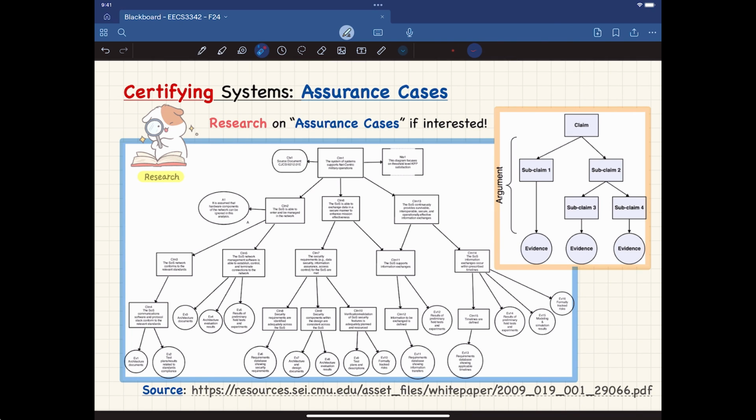I want to give you some very simple example. This diagram over here, which looks like a tree. Usually assurance case is like a tree. You go from the root and then all the way down to the leaves. And if you want to go a little bit deeper into this particular example, there's a source over here. But I'm going to give you something much simpler just to get a feel.